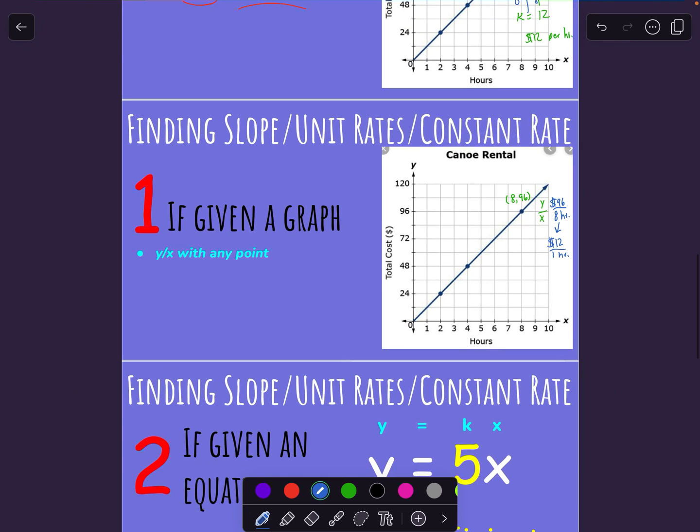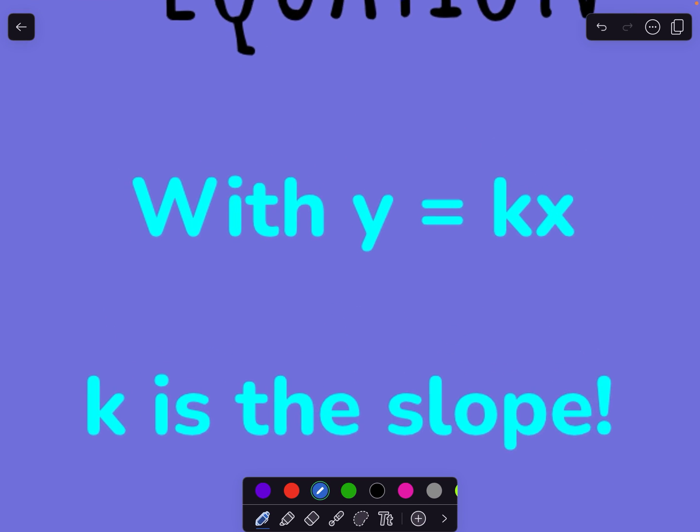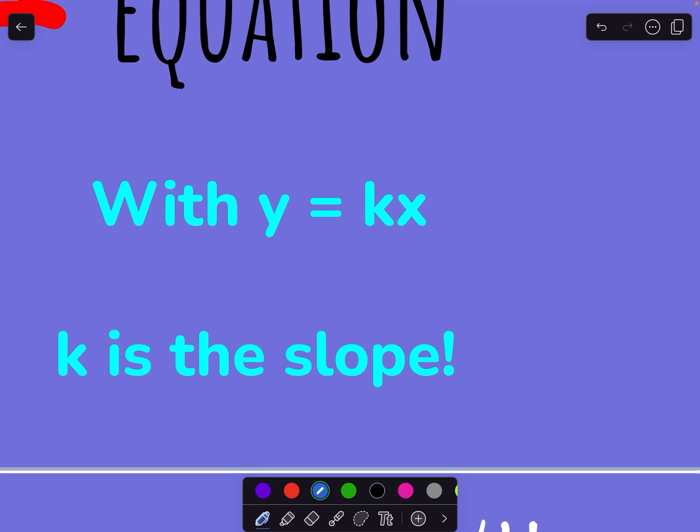Okay, going down here. If you have an equation and it's in slope-intercept form, or y equals kx form, as long as it's like that, k is the slope. The slope is the same thing as your unit rate.